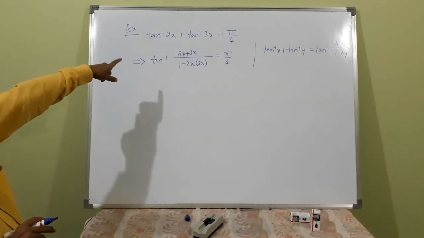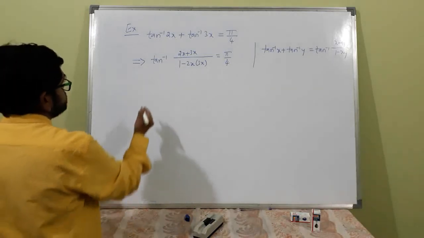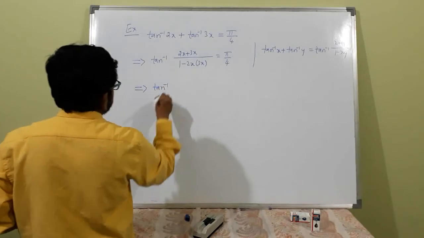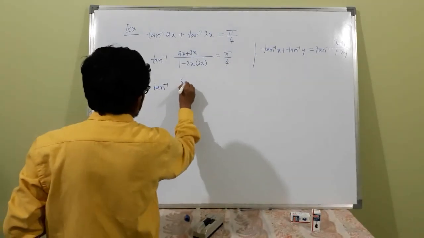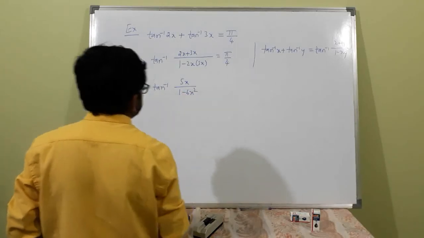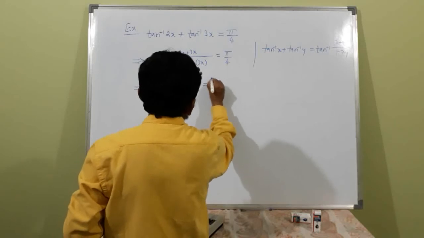Here x is 2x, y is 3x. So this implies tan inverse of 5x divided by 1 minus 6x squared, and this is pi by 4.